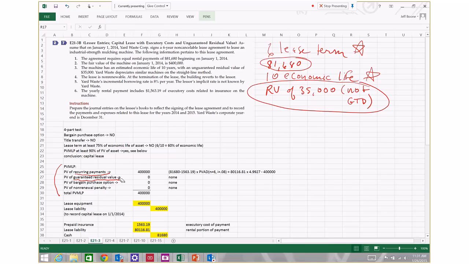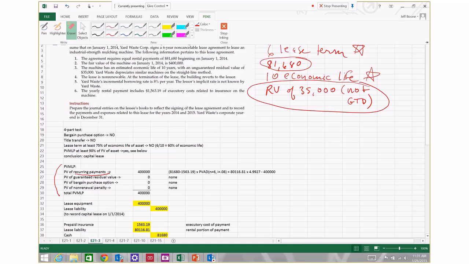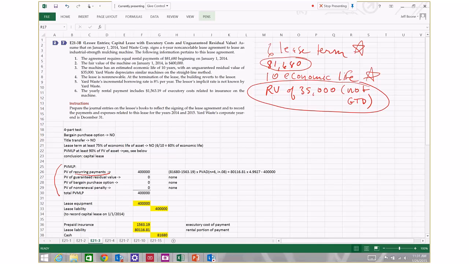Okay, so in calculating the present value of minimum lease payments, we basically need to calculate the present value of the obligation of the lessee to make 6 lease payments.